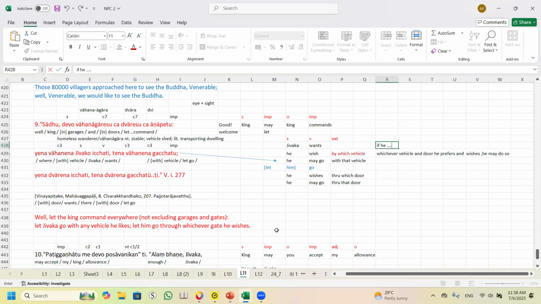So you look at the final one. Let the king command means let the king dictate everywhere. Gates, garage, whatever. Let Jivaka go in any vehicle he likes. Let him go to whichever gate he wishes.